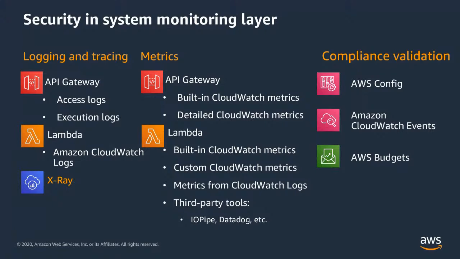And then you have X-Ray that allows you to do tracing. Then you have metrics also available that allow you to monitor performance of the services. With API Gateway, you have built-in and detailed CloudWatch metrics. With Lambda also you have built-in and then custom CloudWatch metrics and other metrics. And you can also pipe into third-party tools if you're using Datadog, Splunk, or even Elasticsearch, for example.